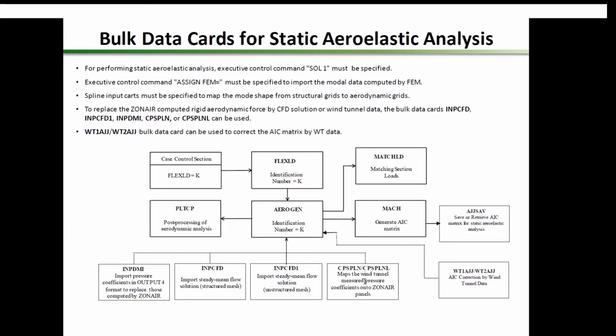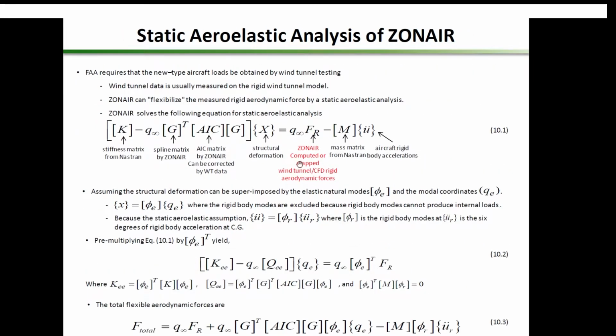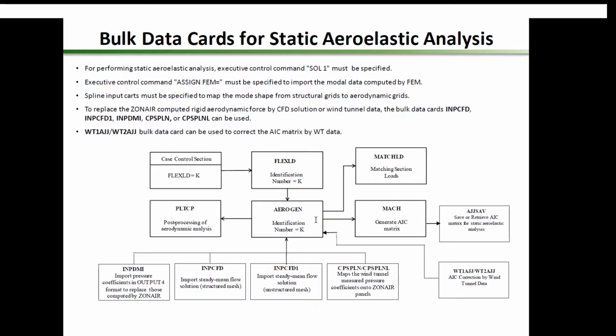Okay, so first you can replace ZONAIR computed CP on the rigid aircraft by CFD or wind tunnel. It should be noted that because the ZONAIR panel model is a high fidelity model, it shares the same surface definition as the CFD surface mesh.